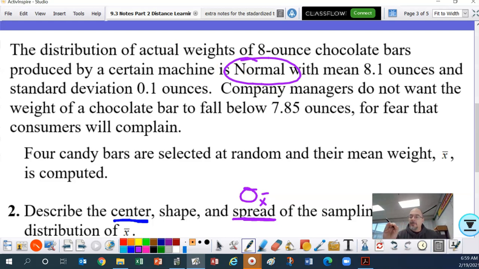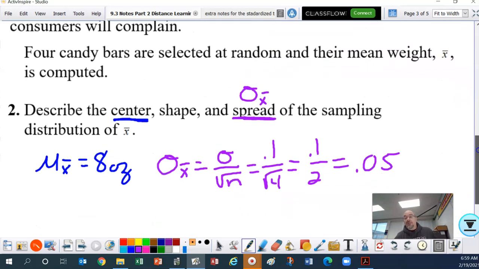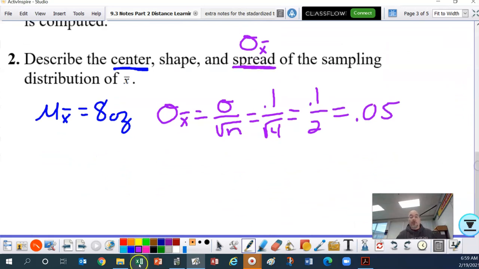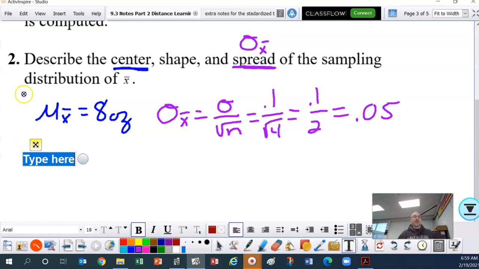It says it in the problem, okay? Now, if it doesn't say it in the problem, then we have problems. That's when we don't know what the shape is going to look like. If it doesn't say it's normal, then we'd have to say, I don't know what the shape is going to look like because it doesn't state that it's normal. But since this one does state that it's normal, we can simply say the following.